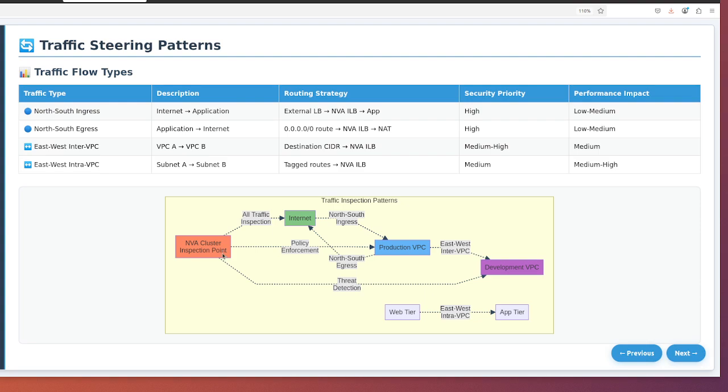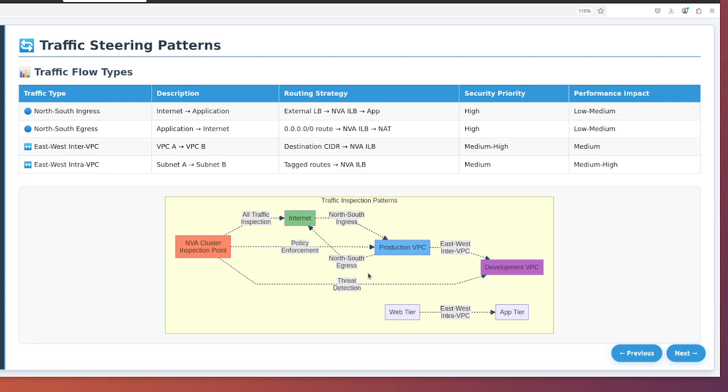East-west traffic is communication within your network infrastructure. This includes traffic between different VPCs, between different subnets within the same VPC, or between different application tiers. East-west inspection is increasingly important as organizations adopt zero-trust security models. The traditional perimeter security approach assumed that internal traffic was trusted, but modern threats often involve lateral movement within the network.